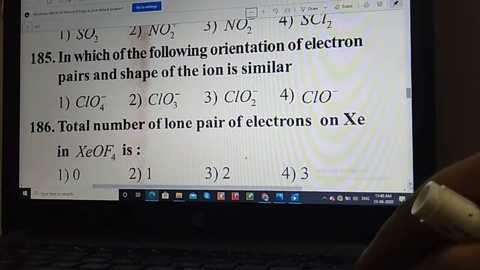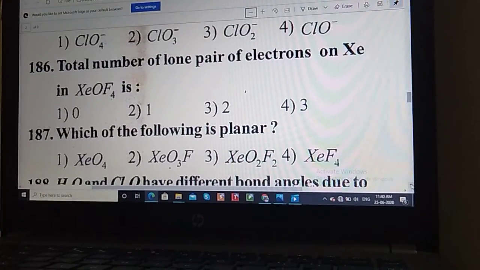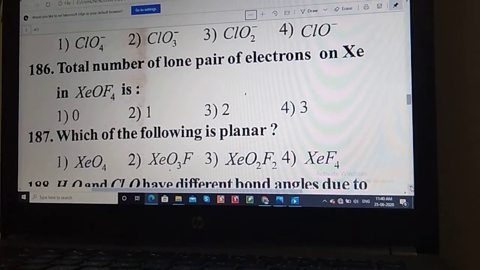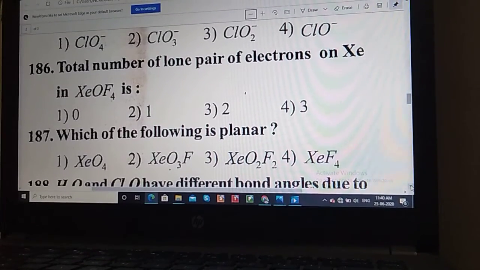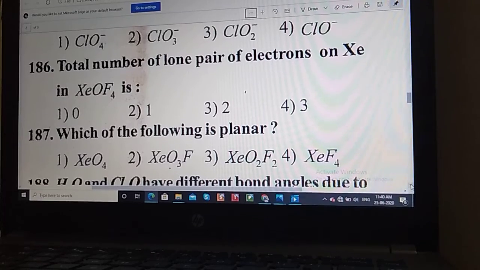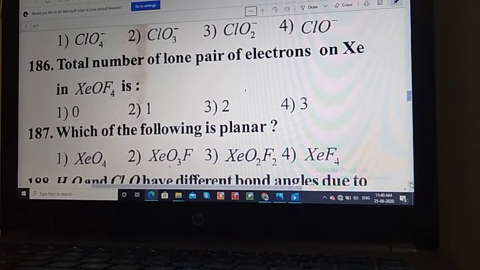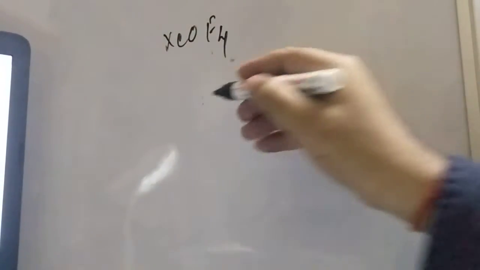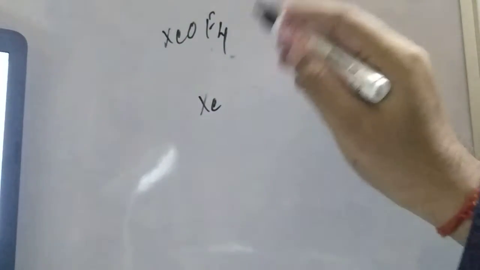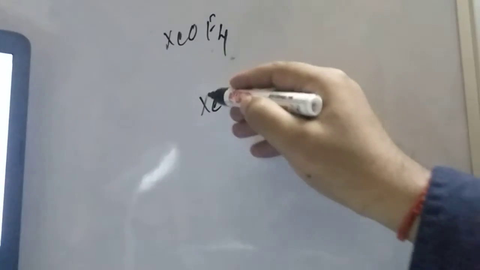Now let us move on, students, to 186. The total number of lone pair electrons in XeOF4. They are asking about lone pairs in XeOF4, students. Come on to the board. Xe has 8 electrons.